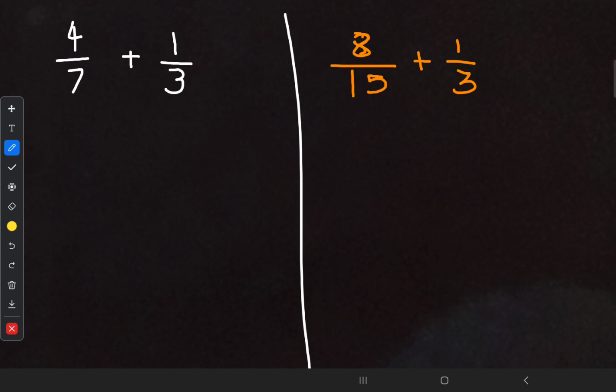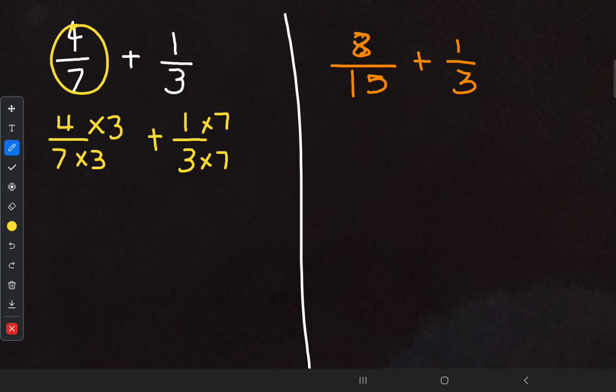Here you can see 3 is the smallest denominator, and we can convert 3 to 7 directly. For that, the first fraction should be multiplied by the next denominator, and the second fraction by its previous denominator. That's what we did here.